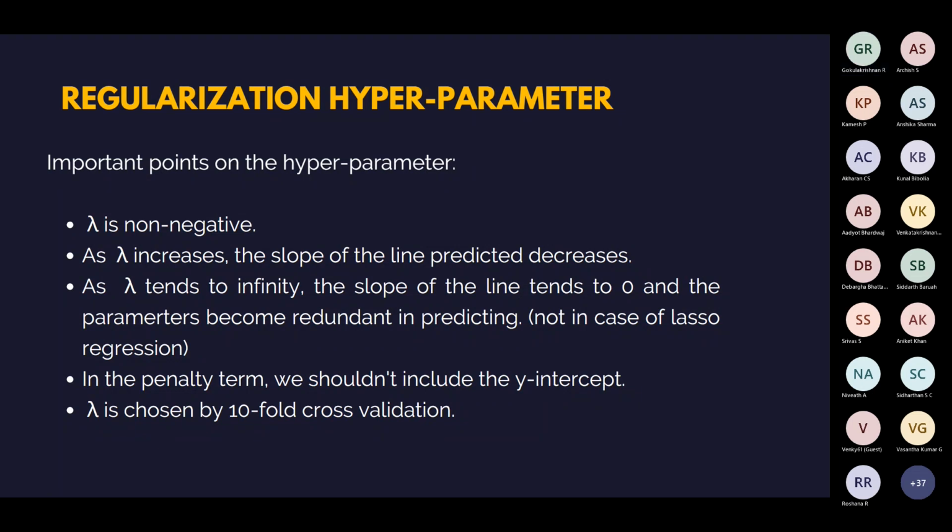Only after running the model will you get to know what the values of those terms are. Whereas a hyperparameter is something you define in the program itself. For example, learning rate is a hyperparameter.